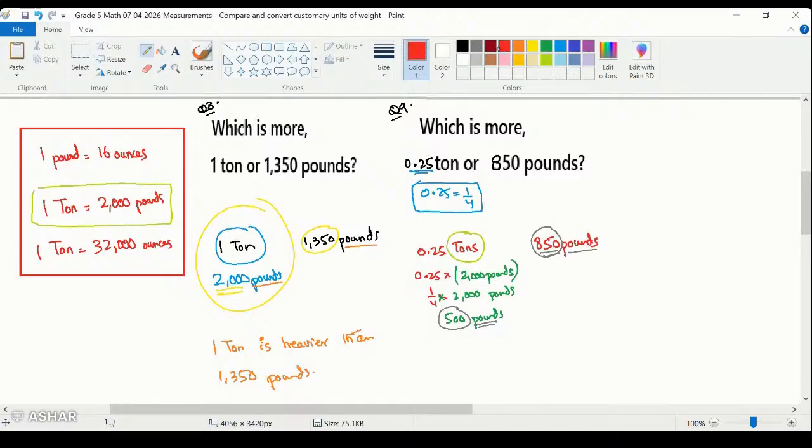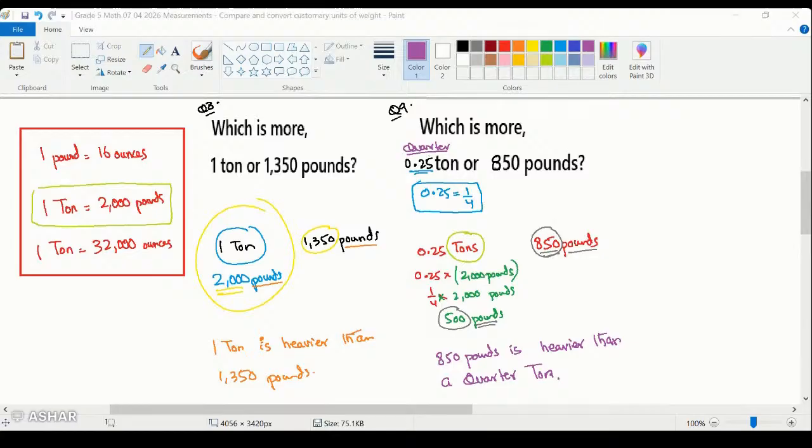We know that 850 pounds is heavier than a quarter ton. This is a quarter ton, right? 0.25 is a quarter. So we can say 850 pounds will be heavier than 500 pounds. Agreed?